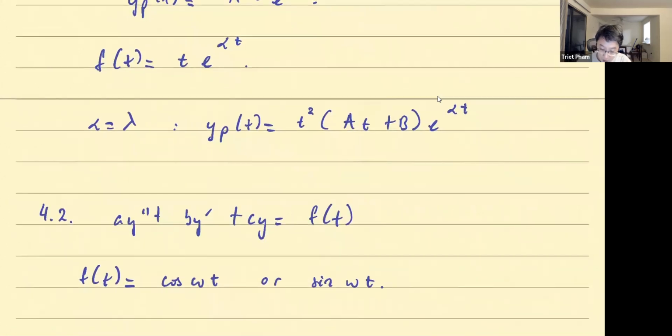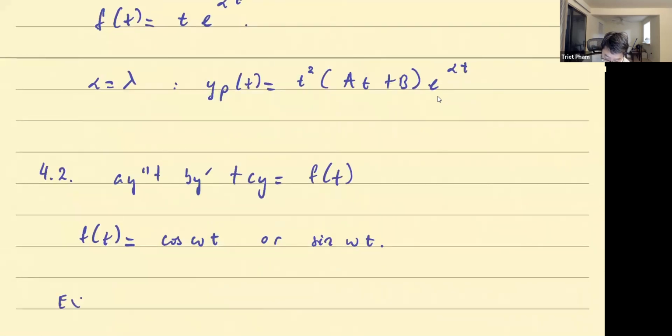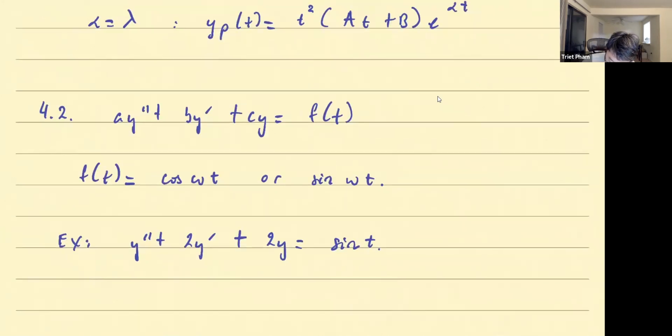All right. So here, 4.2, the forcing function is sine and cosine. Let's look at an example just to demonstrate the point. y double prime plus 2y prime plus 2y is sine t. First, let's look at y_h.